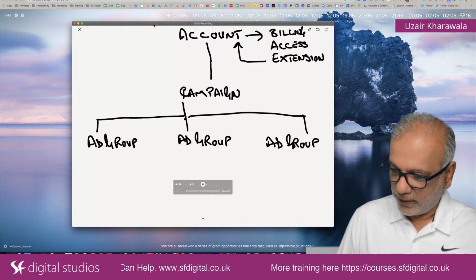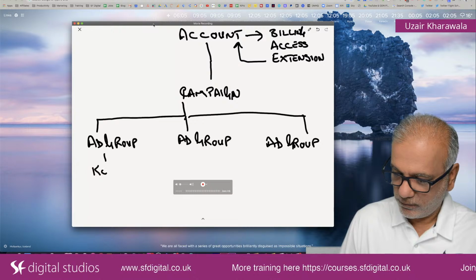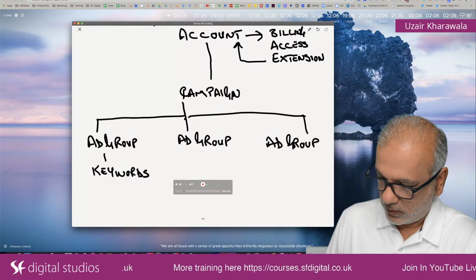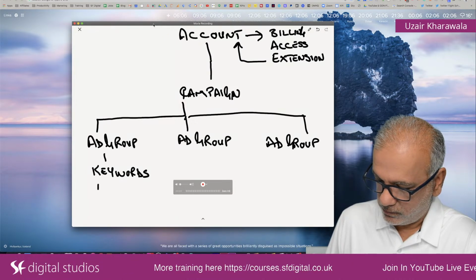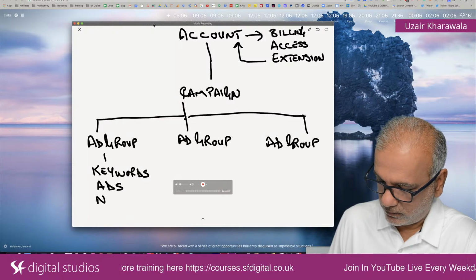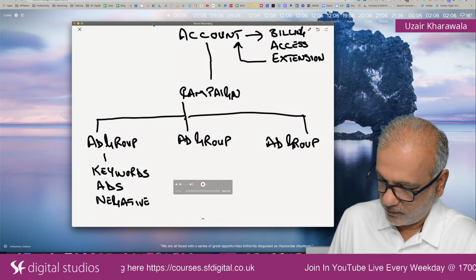Under the ad groups, we have your keywords, your ads, your negative keywords.